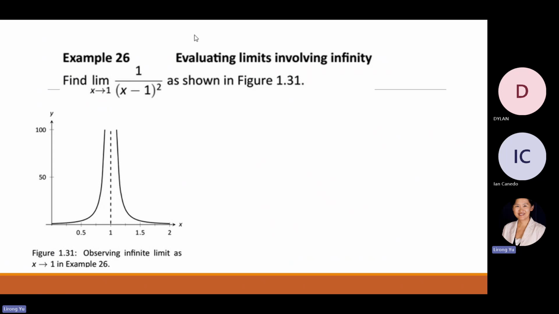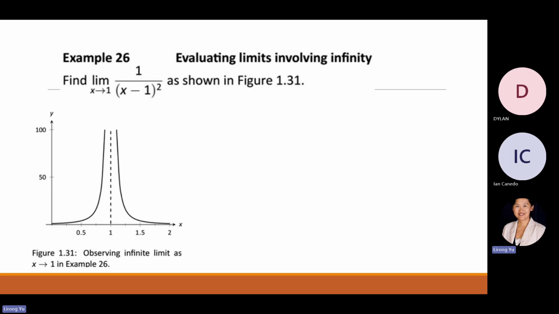You can see what happened here is this is 1. x equal to 1, then 1 minus 1 is 0, so x equal to 1 is an undefined point. x equal to 1 cannot be in the domain because it would be undefined. So the domain for this function is negative infinity to 1, 1 not included, and then 1 to infinity. And for the limit, you see the graph, as x is approaching 1, what happens to the y value? It went up, right?